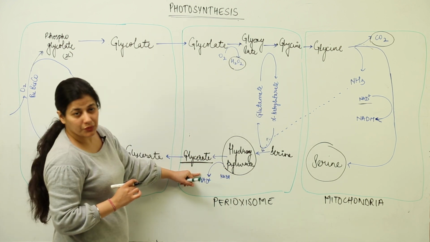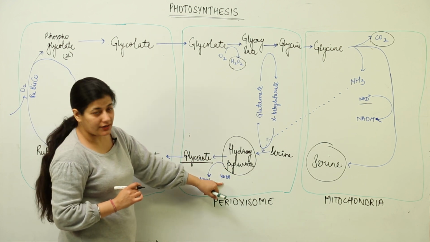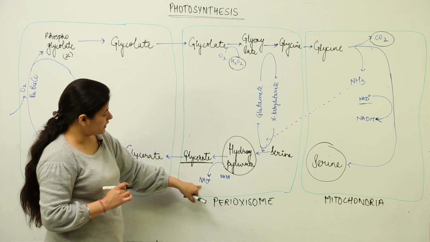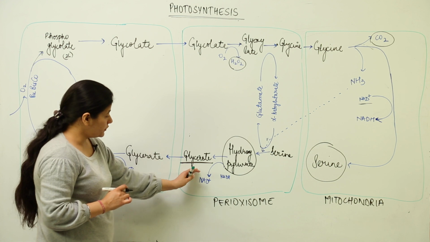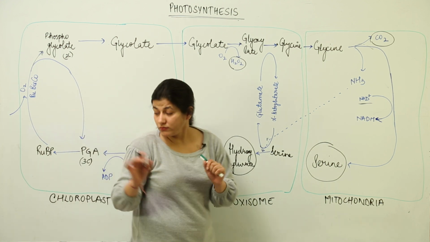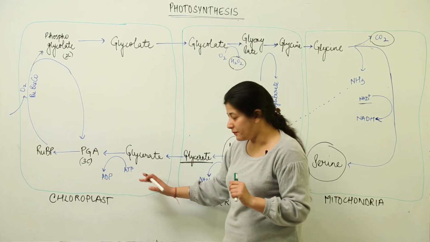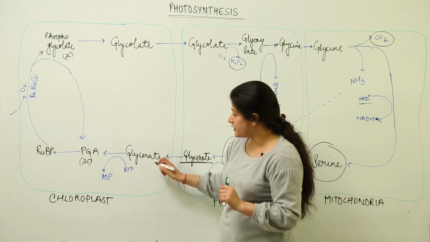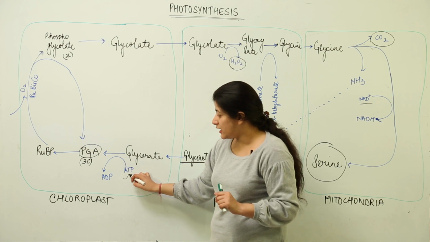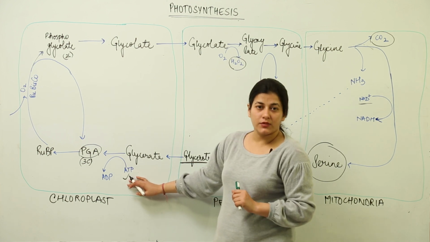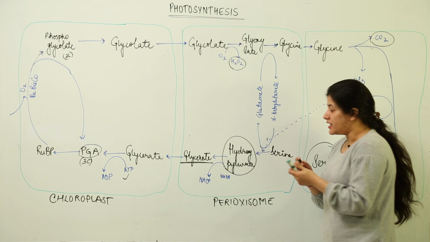When this glycerate is getting converted, there is another reaction: NADH is getting converted to NAD positive. This glycerate would further move back to the chloroplast, and would get converted to phosphoglyceric acid by using 1 ATP. So this is what the reaction is all about.